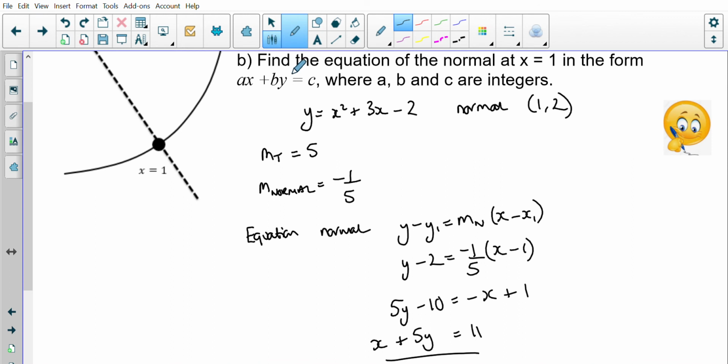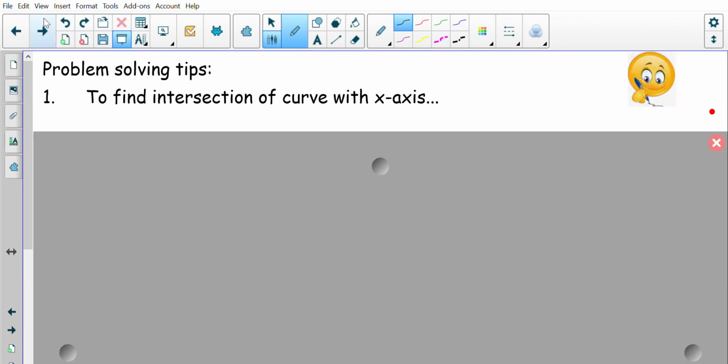So that's how we find the equation of the tangent and normal. What we're just going to have a quick look at now is some problem solving tips, because we're going to get on to some problem solving questions and a reminder how we do some of these things when working with coordinate geometry.